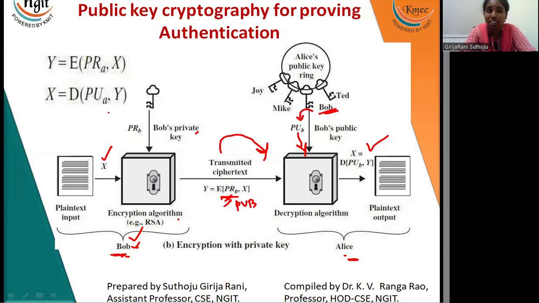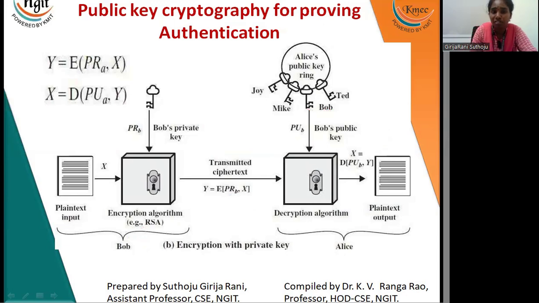Now, what may be the disadvantage here if I utilize the authentication concept? As the public key of Bob will be available to Joy, Mike, Ted, along with Alice, any of these users can decrypt the data because they will be having the public key of Bob, right? So this is the main disadvantage which we have while we are proving authentication. But for that also we have a solution.